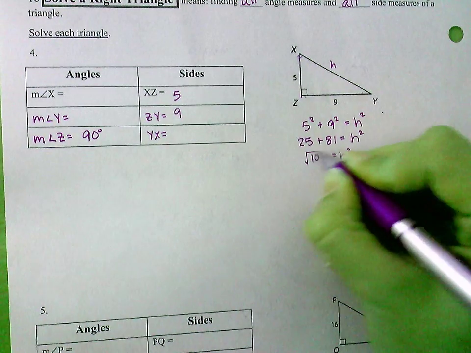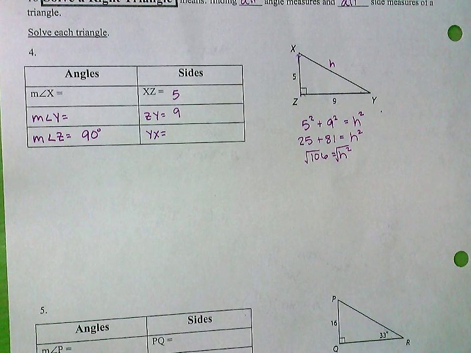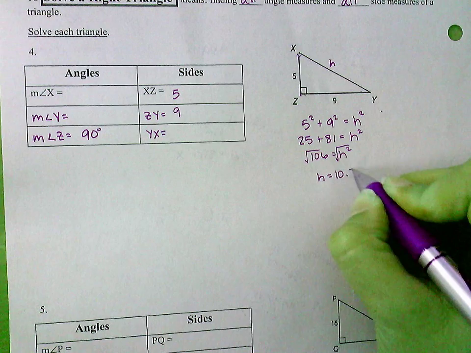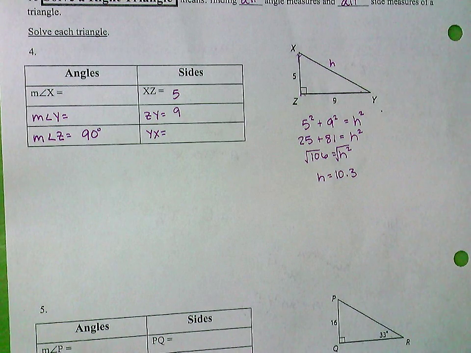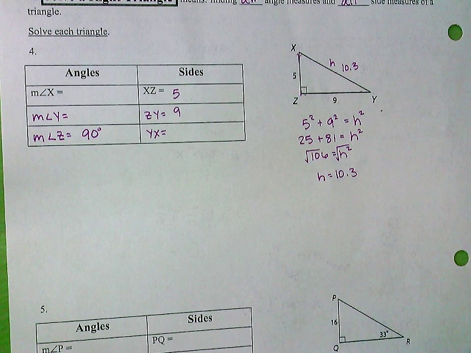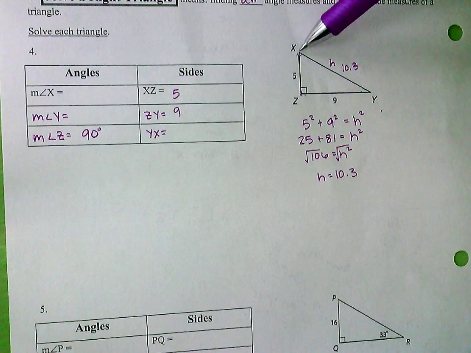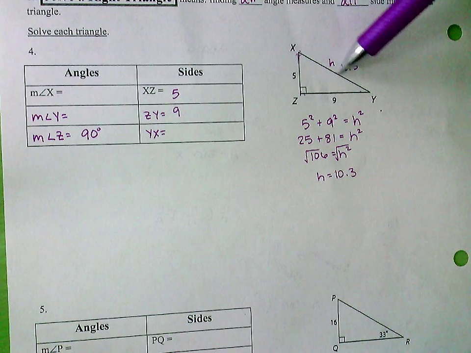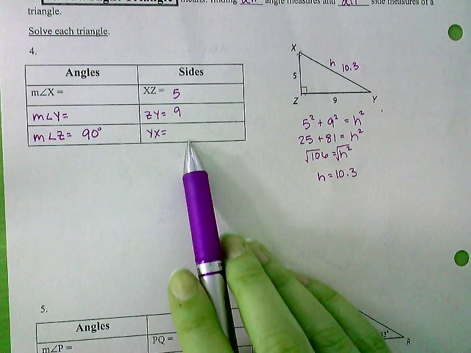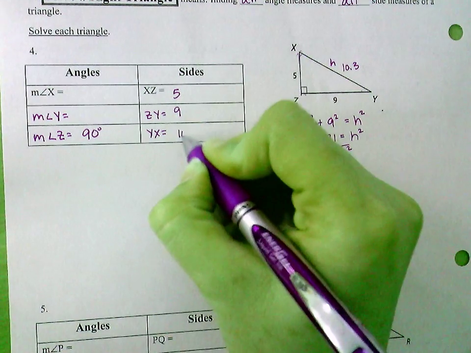You take the square root of both sides, and that h value will be about 10.3. So now XY, or YX, that length, I can write in my table here as 10.3.